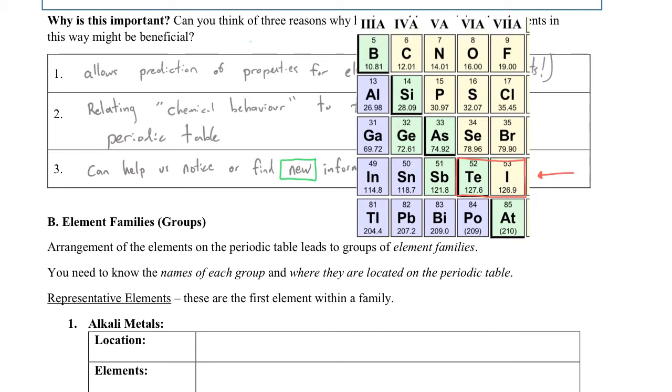So notice that tellurium has a heavier mass than iodine, yet it comes before it in the periodic table. Now, as I mentioned earlier, when Mendeleev was first constructing his version of the periodic table, when he would have placed these elements on that, you would have had iodine before tellurium if you're going by the masses.